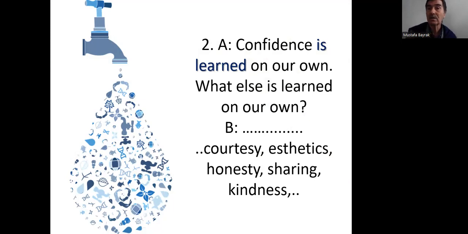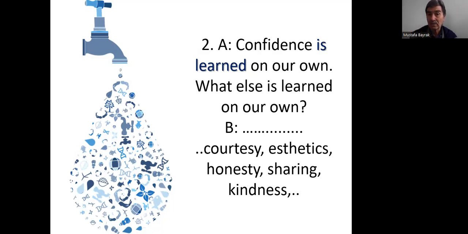Confidence is learned on our own. What else is learned on our own by ourselves? Courtesy. Courtesy is learned on our own. What else is learned on our own? Aesthetics is learned on our own. What else? Honesty is learned on our own or by ourselves.